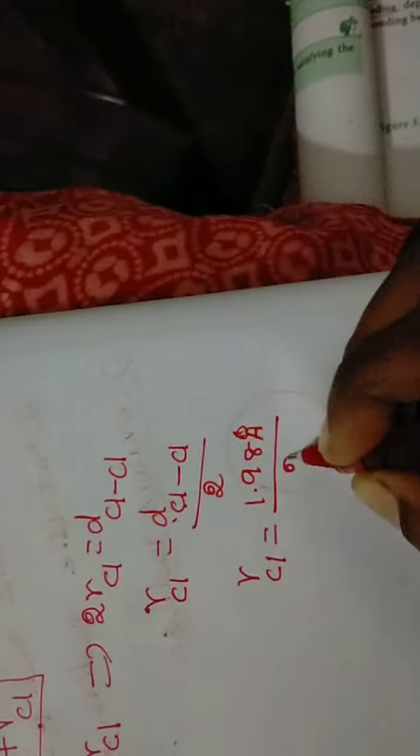Then RCl equals, what is the value of D(Cl-Cl)? It is already given in the experimental data, 1.98 angstrom. So apply that value in this formula. 1.98 angstrom divided by 2.